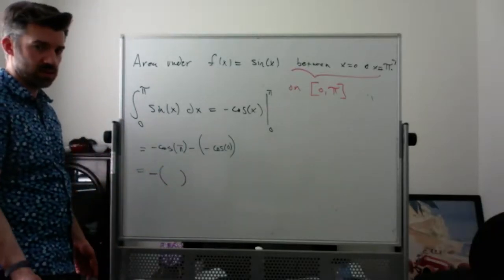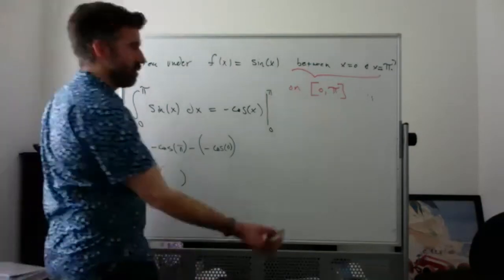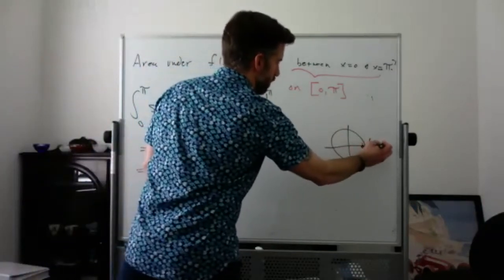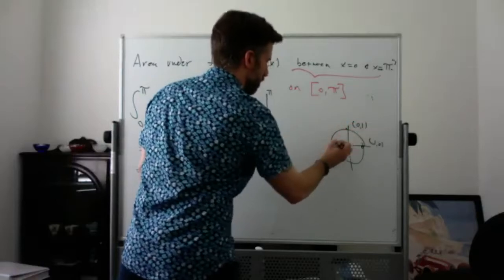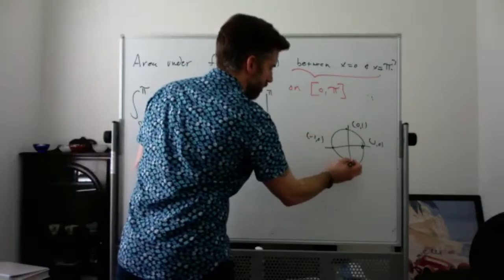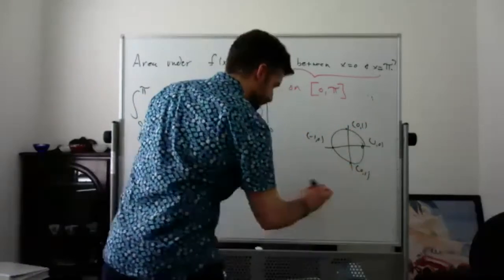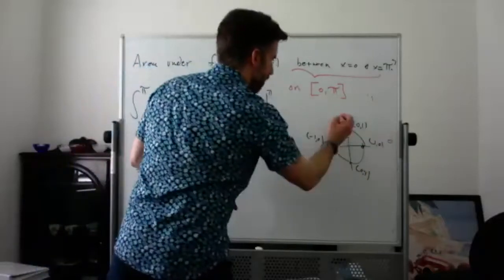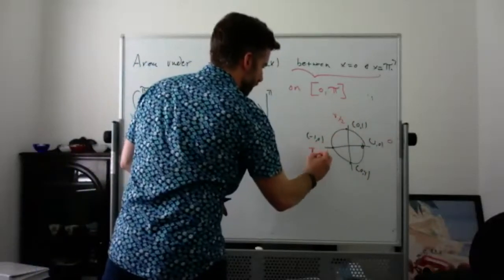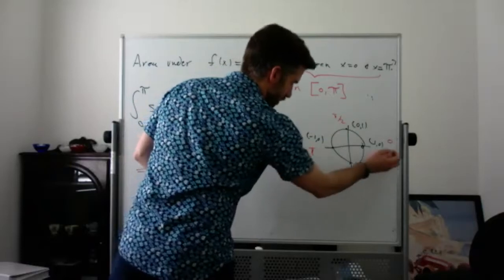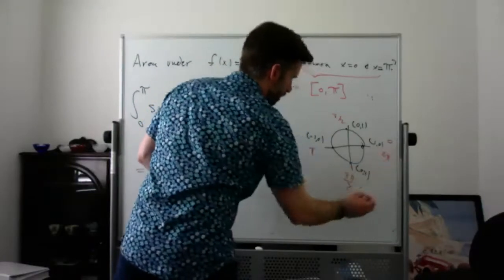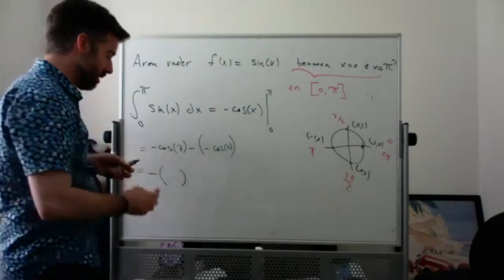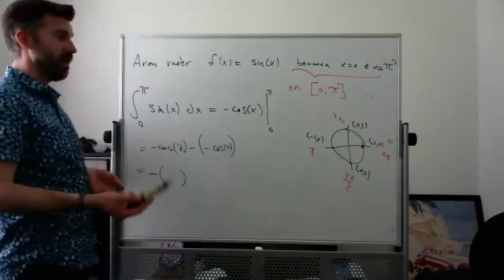Good question. So real quick, in case you forgot, here's the unit circle. Here are the points on the unit circle. Here are the angles, 0, pi over 2, pi, 3 pi over 2, and then all the way back around to 2 pi. Cosine is the x coordinate, and sine is the y coordinate.